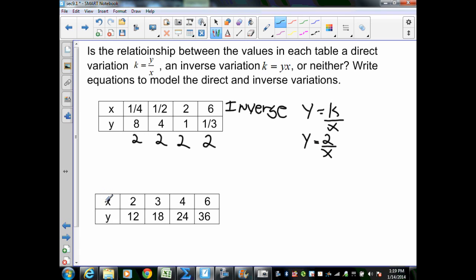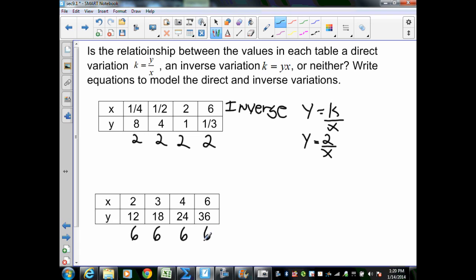On my next example, I have x values that are increasing, and my y values are increasing. This is possibly a direct variation. I need to determine, is my ratio of each ordered pair y over x the same? Y over x is 12 over 2 is 6, 18 over 3 is 6, 24 over 4 is 6, and 36 over 6 is 6.